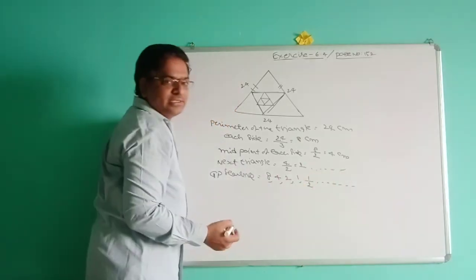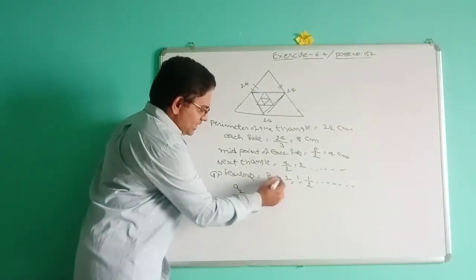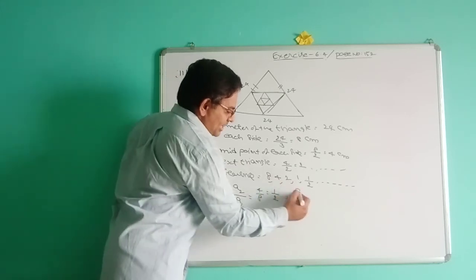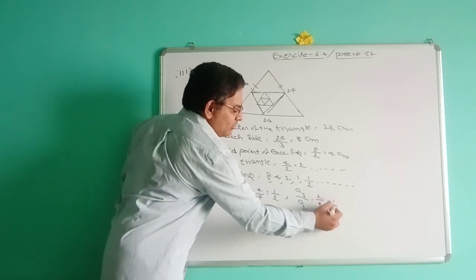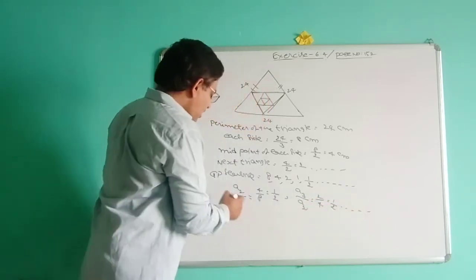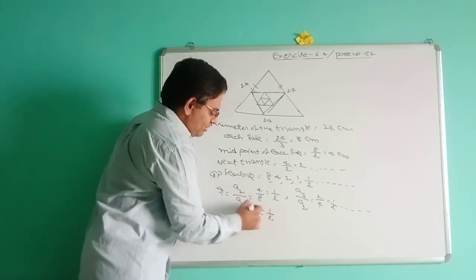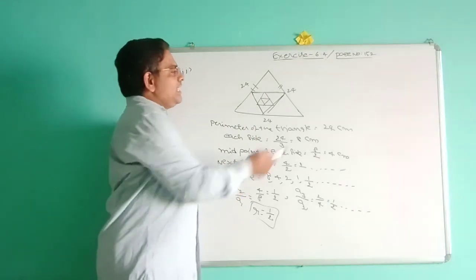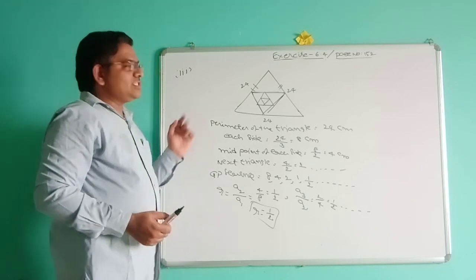Now find A2 by A1, nothing but 4 by 8, which equals 1 by 2. A3 by A2 is 2 by 4, which equals 1 by 2. Here the common ratio R equals 1 by 2. So the situation is a GP. It is the first Roman.